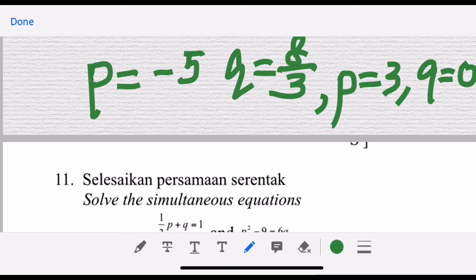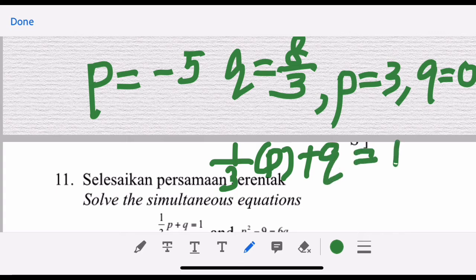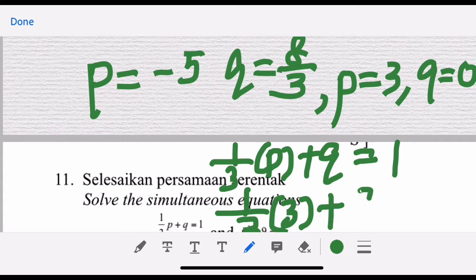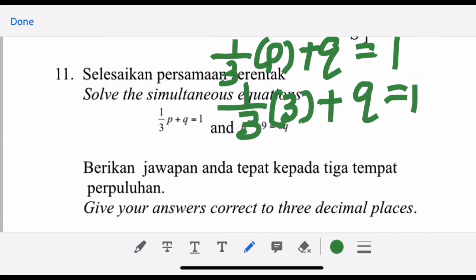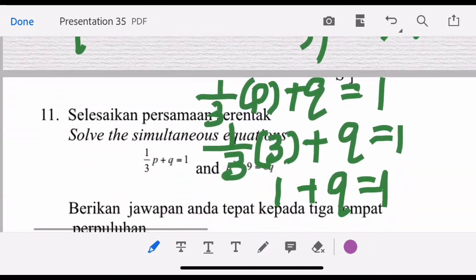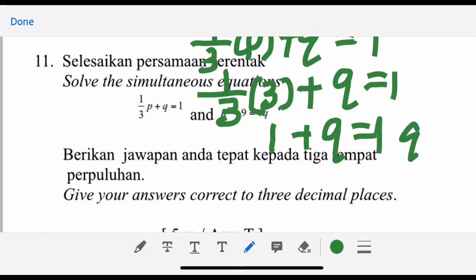We have the equation 1/3 times p plus q is equal to 1. I'm going to substitute and check the answer, see whether I can get q is 0. This is 1 plus q is 1. So I'm getting q is 0, so I guess there is no mistake.